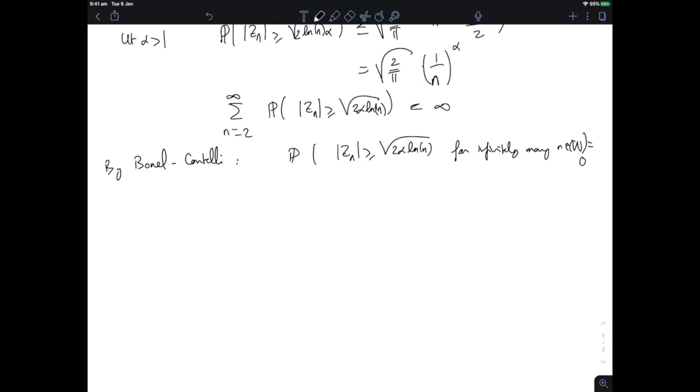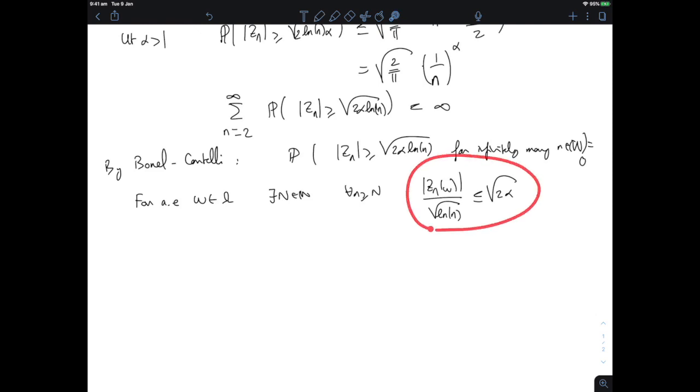That tells me that for almost every omega in my probability space, there exists a capital N, such that for any n above that capital N, Zn of omega divided by square root of log of n has to be smaller than square root of 2 alpha. So there it is. This variable Zn of omega divided by square root of log n is bounded, at least for n large enough.